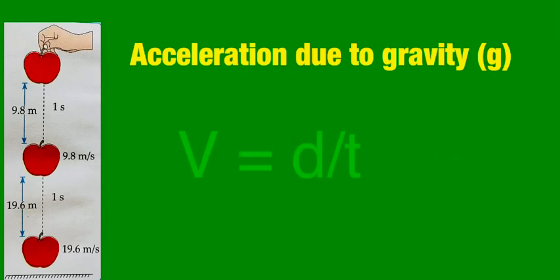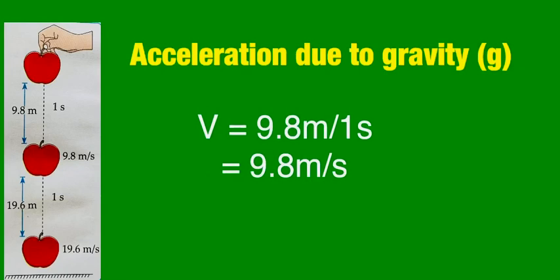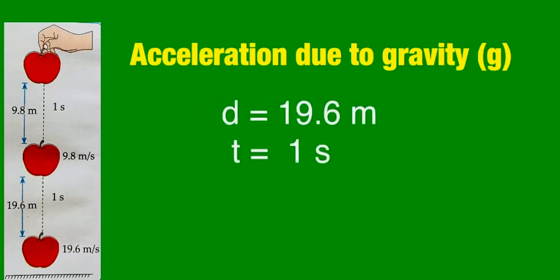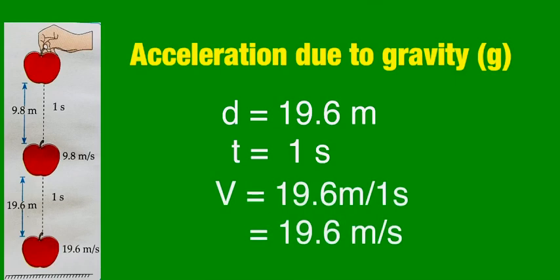By the formula, velocity equals distance upon time taken, or displacement upon time taken, we get the velocity in the first case as 9.8 meter per second, and again in another 1 second it covers a displacement of 19.6 meters. So its velocity becomes 19.6 meter per second.